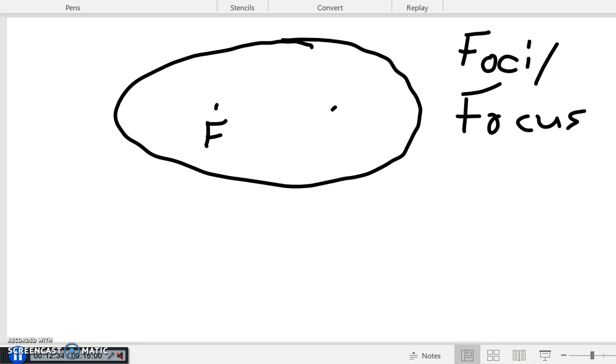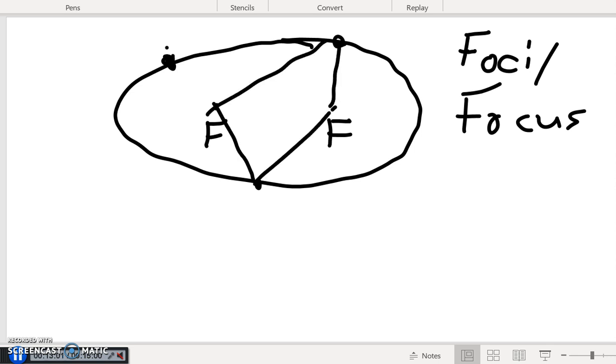And what's unique about an ellipse, what separates an ellipse from a regular oval, okay, is if I pick any spot on the ellipse, okay? Now my artwork's not fantastic here, but if I pick any spot on any ellipse, then what I find is that the distance from both foci combined is a constant, okay? So if I add up this leg and this leg, I'm going to get a number.